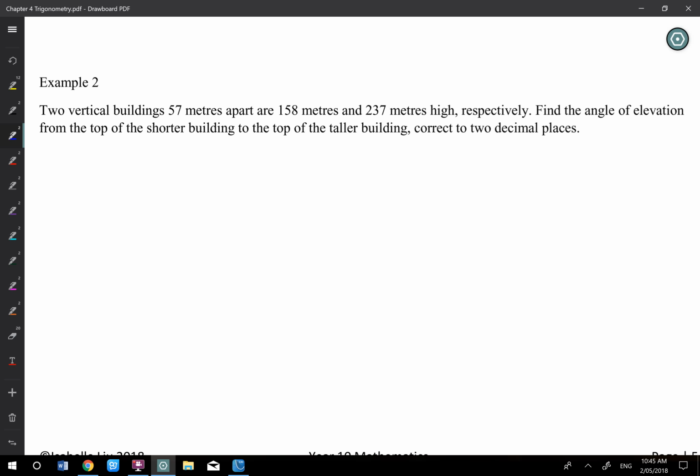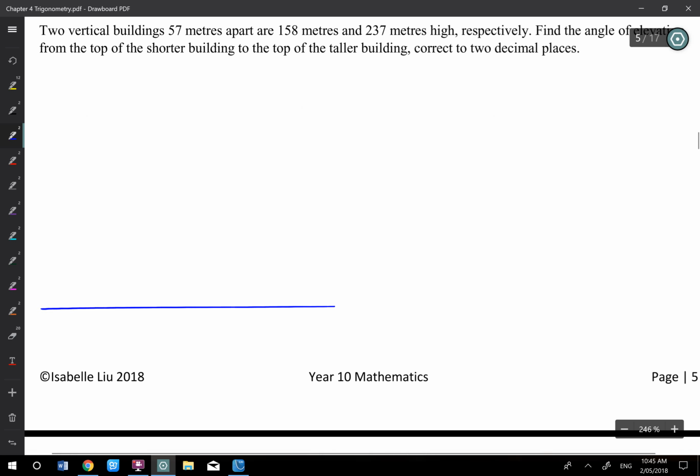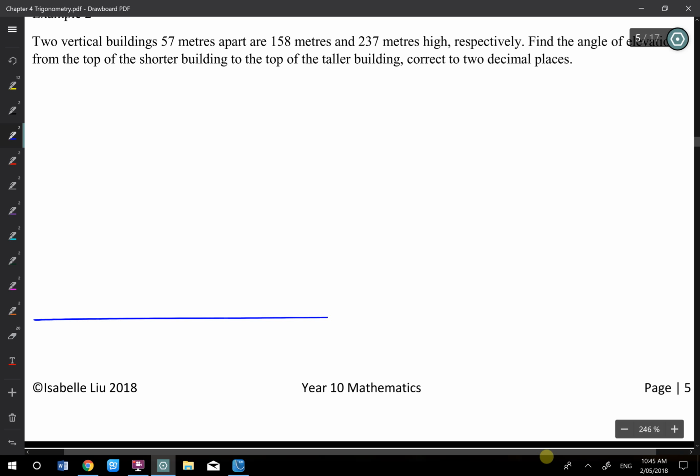Let's sketch this first. The building is vertical, so I can use just a line to represent one building. That's the 158 meter tall building.